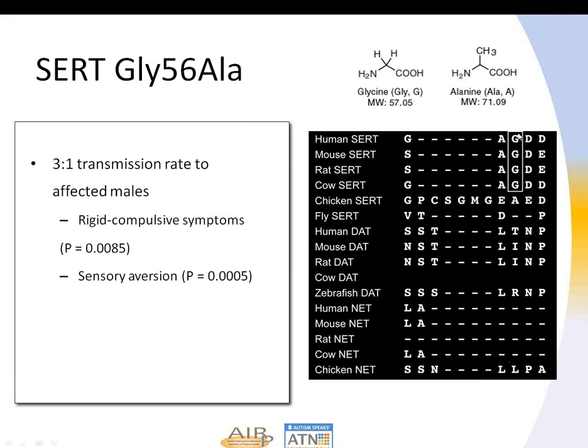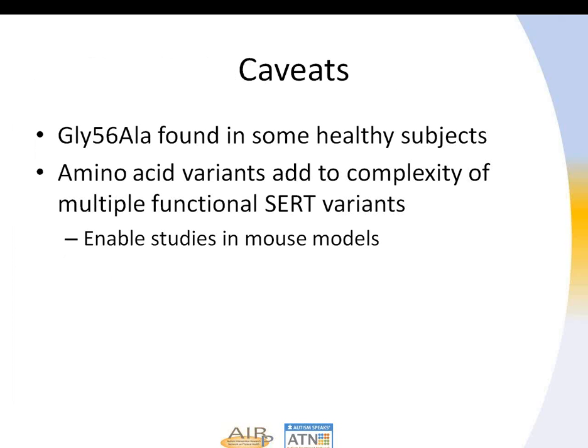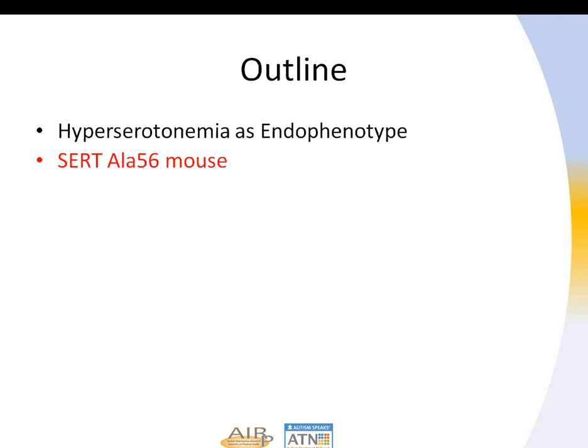The most common of these is a change from a glycine to an alanine, fairly subtle change in amino acids, but robustly associated with rigid compulsive symptoms and with sensory aversion, again, only in affected males. I should note that this variant is also found in some healthy folks, but this really enables us to transition from association studies in humans to studies that let us get at mechanism in mice.